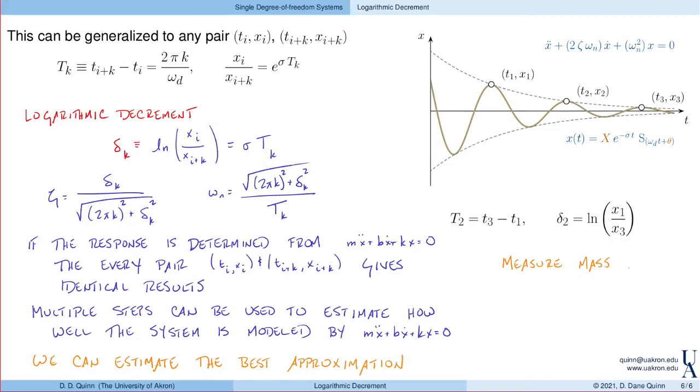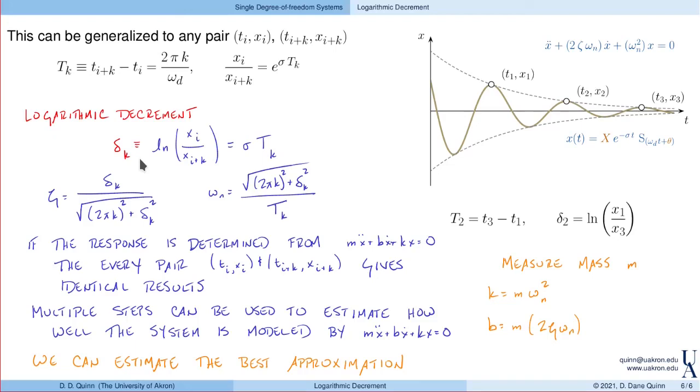That's often fairly straightforward. Then we can determine the value of damping and stiffness. So K is M times omega n squared, and B is M times 2 zeta omega n, where again, zeta and omega n are determined from this logarithmic decrement.